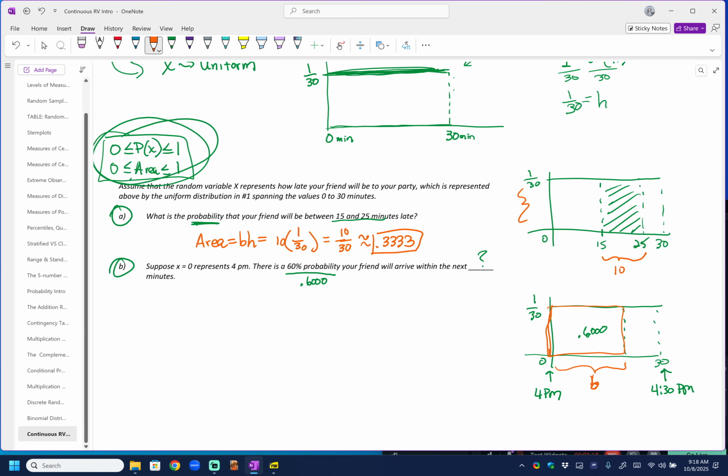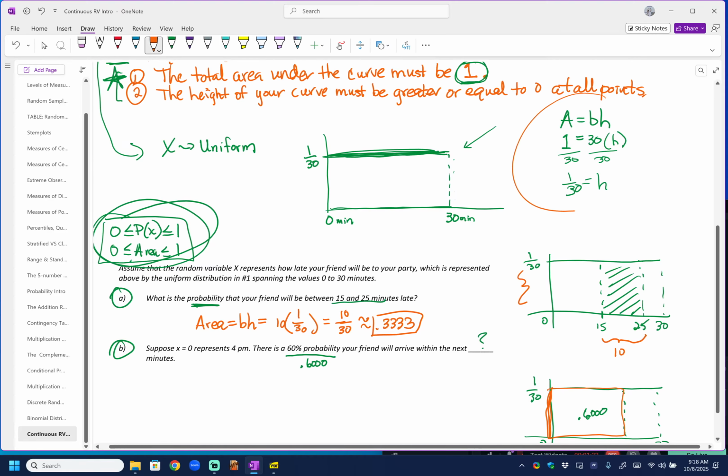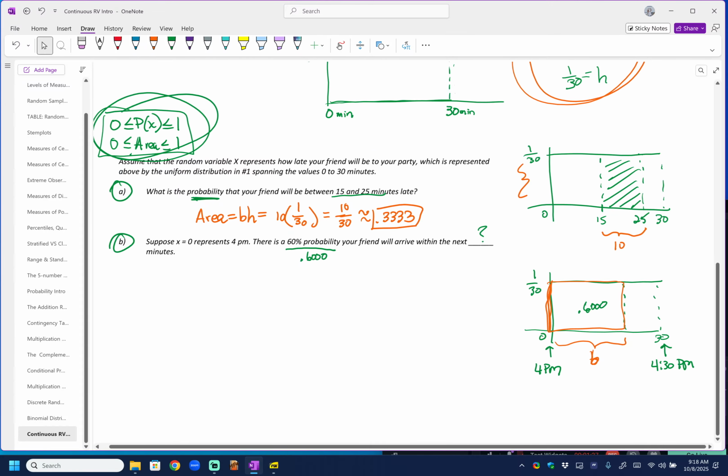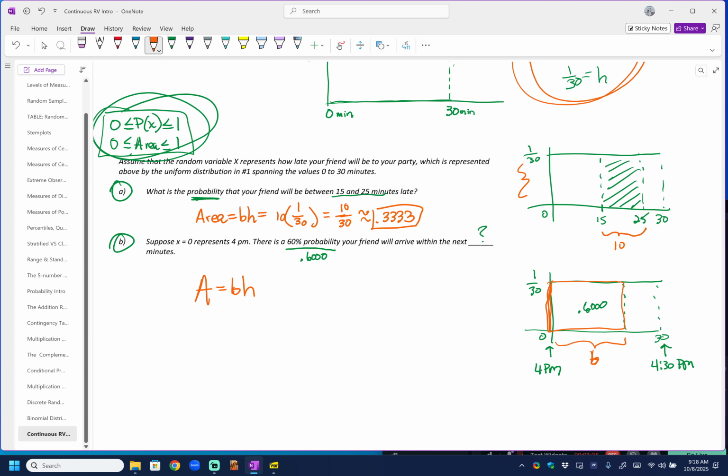So we're concentrating on this rectangle right here, right? This is kind of like the calculation that we did before, except when we do area equals base times height, the area is not 1 in our rectangle, it's 0.6. The base we don't know, the height we do, it's 1/30.